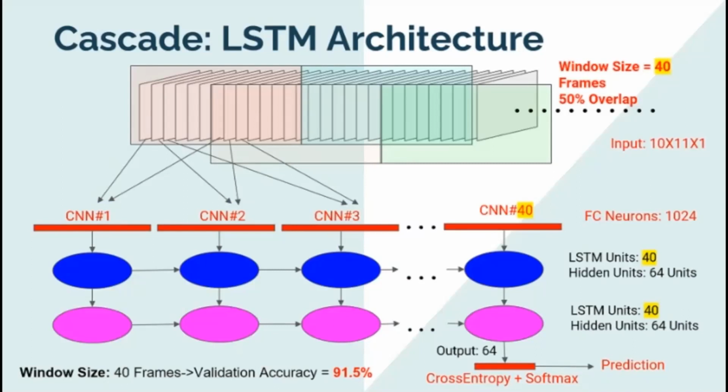There are 2 layers of LSTM, such that the second layer's last unit output is 5 neurons, which is used to make the prediction and calculate the loss using cross entropy and softmax. This LSTM is used to extract the temporal features after the spatial features have been extracted by the convolutional neural network. After implementing this model with different window sizes, we found that the best window size was 40 frames, which produced a validation accuracy of 91.5%.